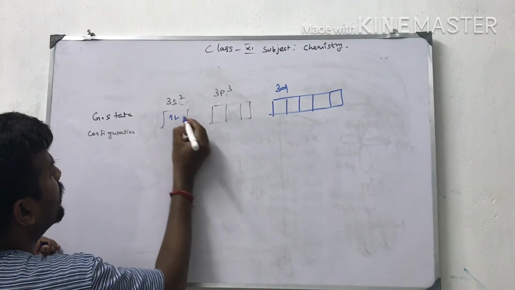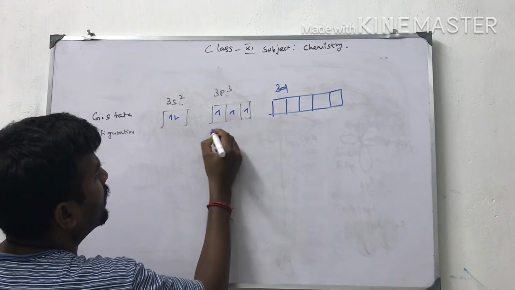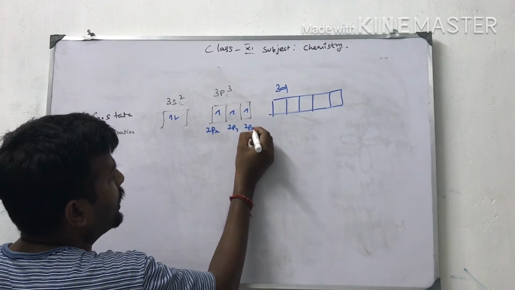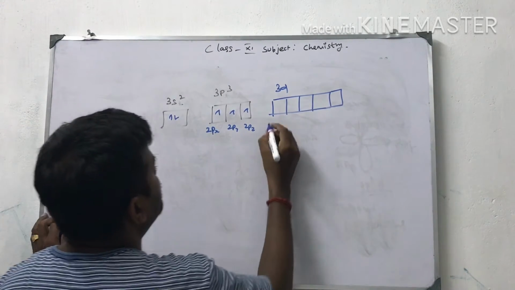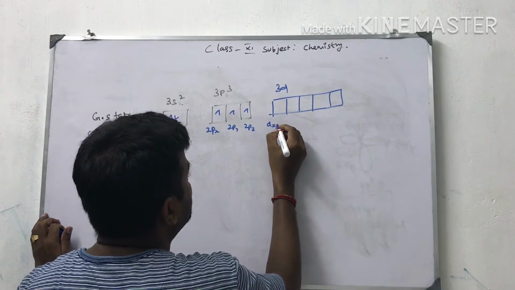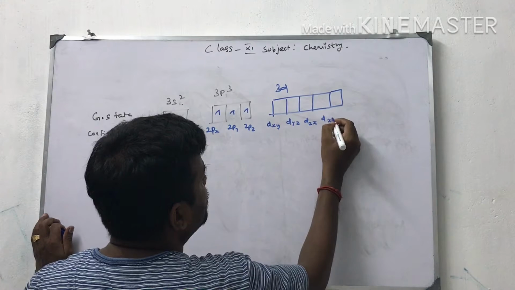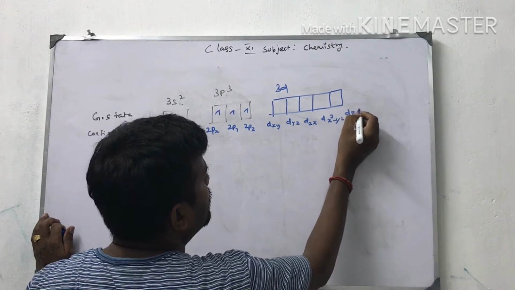This is 3s2, 2 electrons, and 3p3, 3 electrons are there. This is 3px, 3py, 3pz. So these are empty d orbitals: dxy, dyz, dzx, dx square minus y square, dz square.